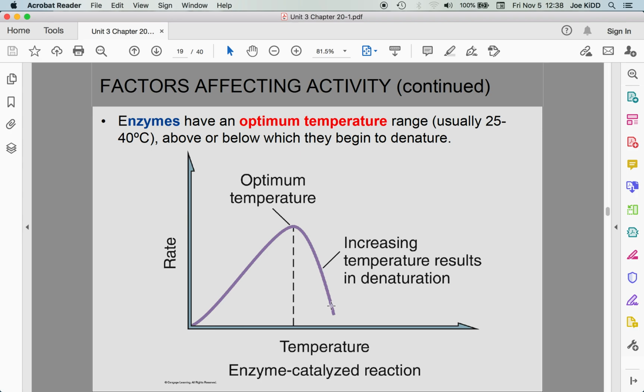Obviously, very, very high temperatures can lead to things like deafness, loss of vision, seizures, all sorts of not very good things. And that is because once we've reached the peak of optimal temperature, proteins begin to actually break apart. We call this denaturation. So obviously we're not going to have very good activity of our enzyme if it's falling apart.